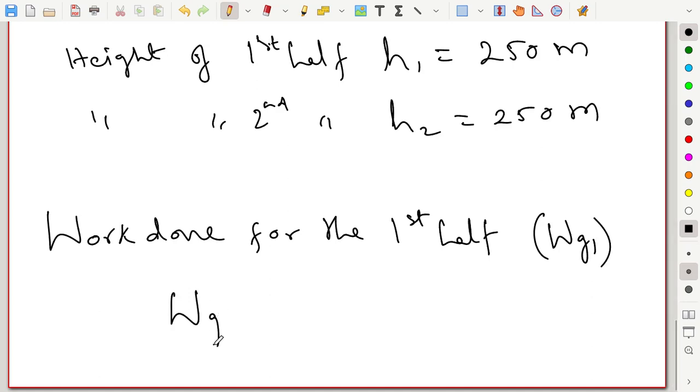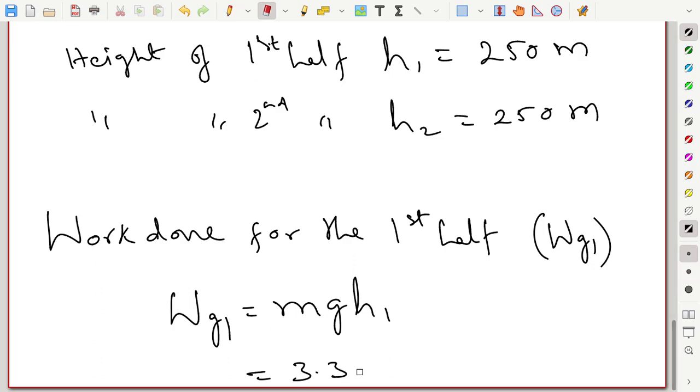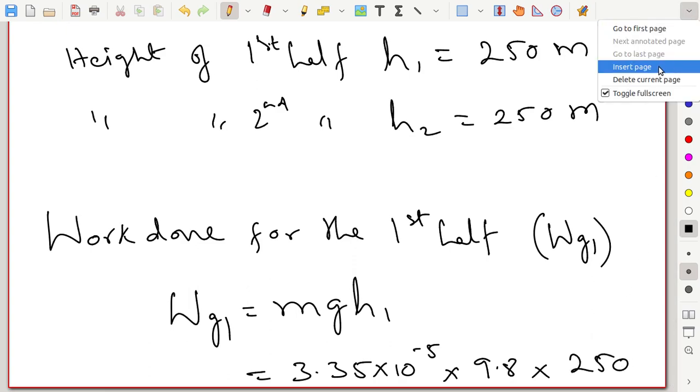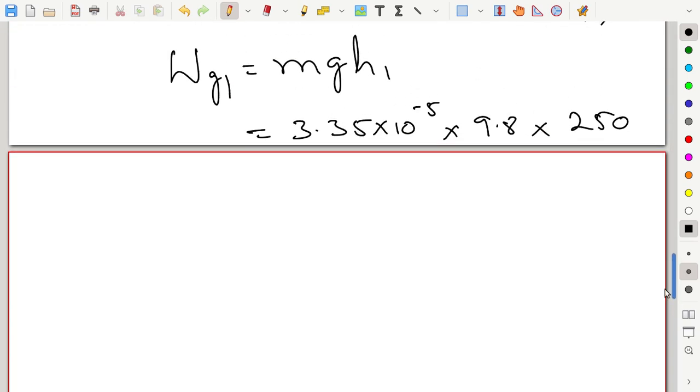So WG1 equals m g h1, which is 3.35 into 10 power minus 5 into, for g we have 9.8, into h1 which is 250 meters. Everything is in the standard unit, so no problem, we can straight away calculate this.